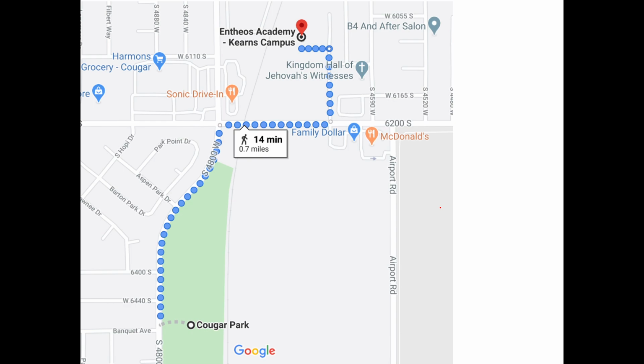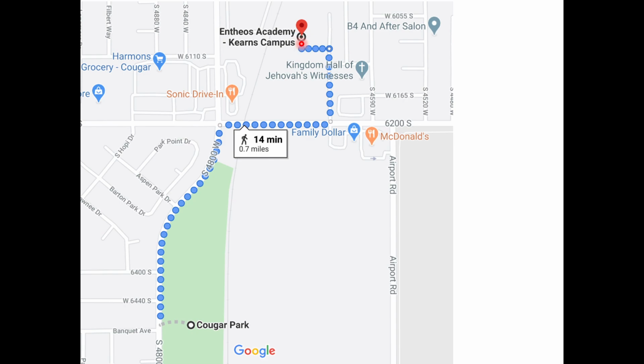Looking at the difference between kilometers and meters, here is a map that I found online where we have Entheos Academy, which is right here. And I was trying to find a distance that is approximately a kilometer away from the school.